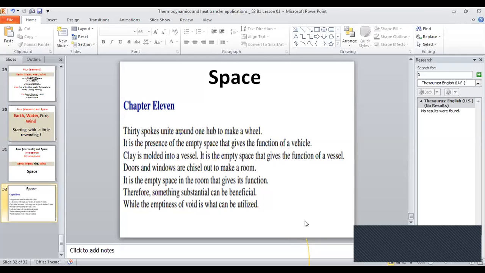Let's see. Inside your car, there should be space for people to sit. Otherwise, there is no purpose of the vehicle. If it's a car for people to move, there should be the space for people to sit.